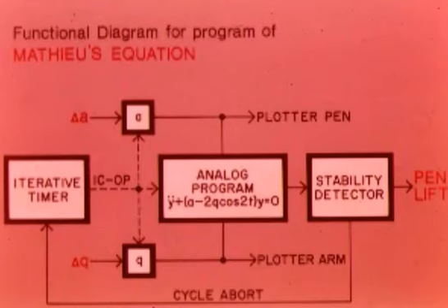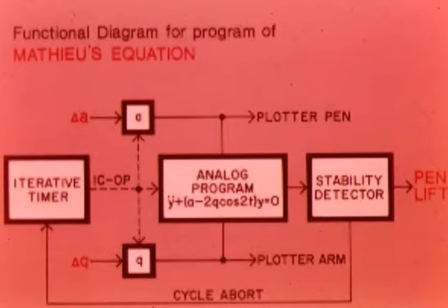To illustrate how the analog hybrid computer does this, here is a functional block diagram of the program. On the left of the diagram, an iterative timer generates an initial condition operate cycle many times each second. The system parameters A and Q are established for each cycle by a track store circuit.